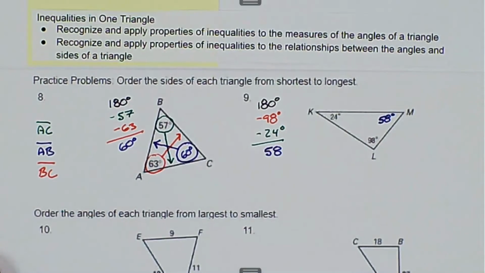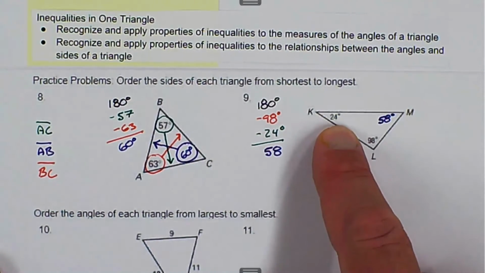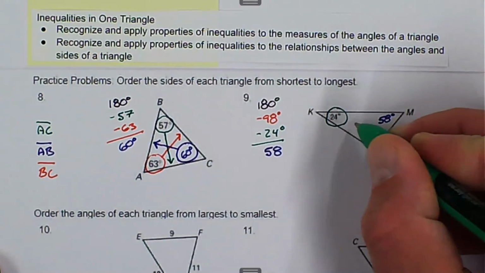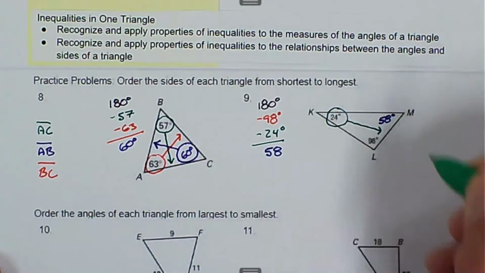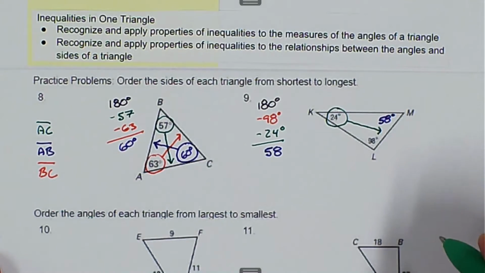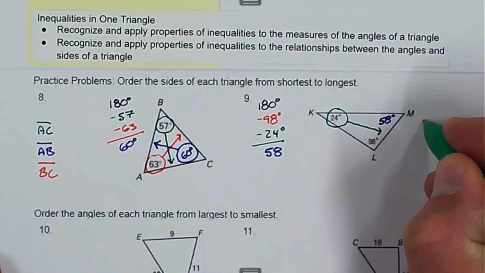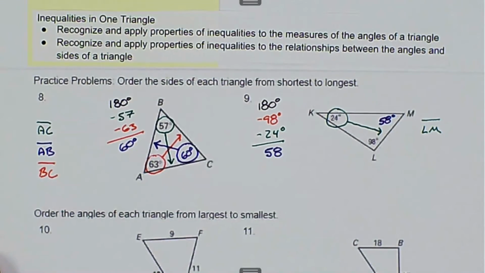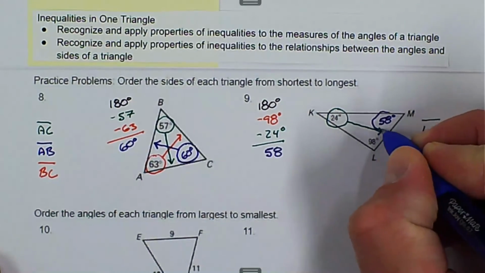So again, we want the smallest angle. The smallest angle is 24 degrees. So the smallest side is always opposite. So that is going to be line segment LM. That's the smallest. Then we have 58 is the next smallest angle.